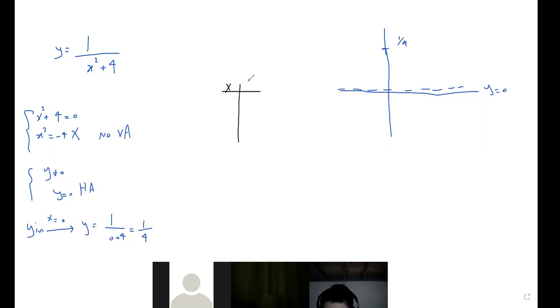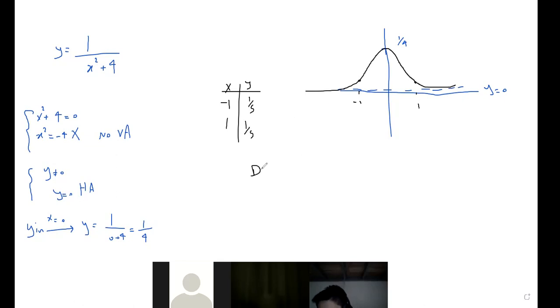If I put -1 and 1, what happens? -1 you put there, you get 1/5, and there you get 1/5 as well. You connect the points, you go toward the asymptote, but never cross it. You go toward the asymptote again, never cross the asymptote.